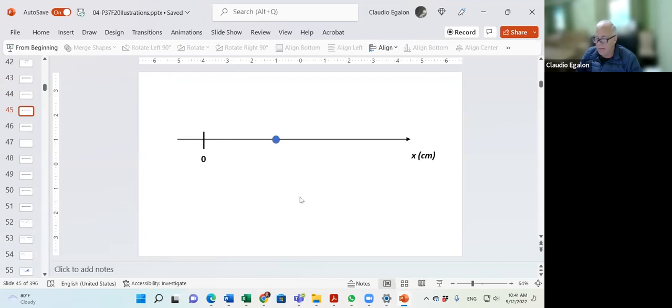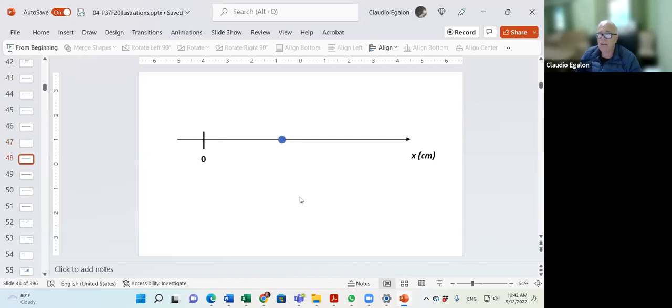When does the distance traveled become different from the displacement? Okay, so let's continue here with our graph. From here to here you have a larger distance, right? Again, from here to here you have a larger distance as well.